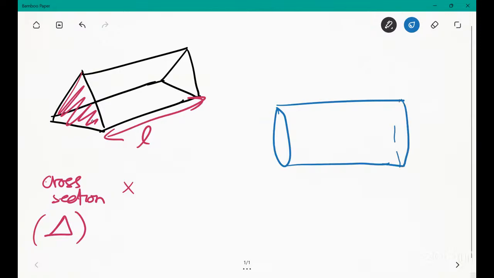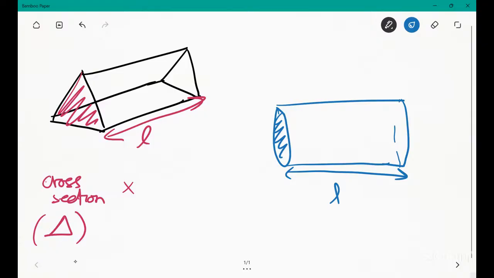So if your cylinder is like this, your cross section is this, and it's going to be the length. But if I flip it, you just call it height, because height means it's vertical, but length is horizontal. That's why it's just two different names.